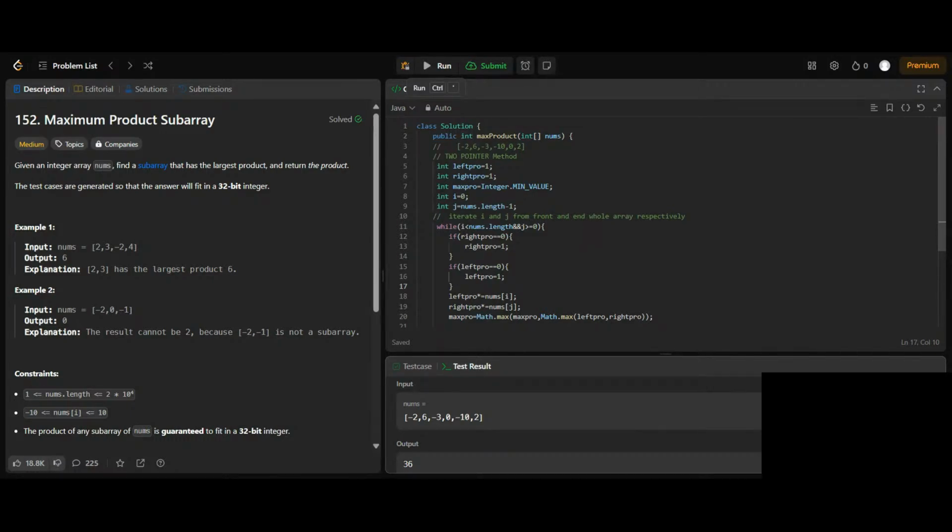We need to, but I should have some maximum. Right, maximum. Maximum.